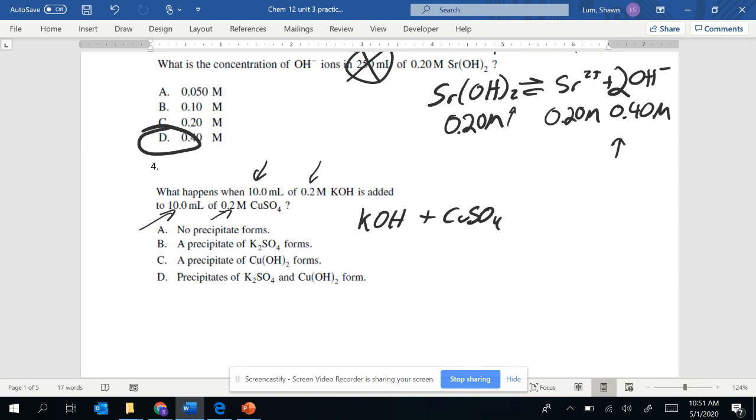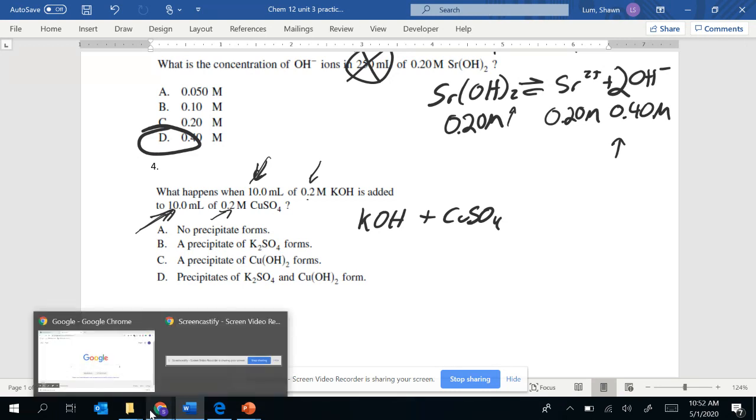The only point of having that information is that when you have equal volumes and 0.2 molar concentrations, after you do your dilution, it'll work out to a 0.1 molar concentration.